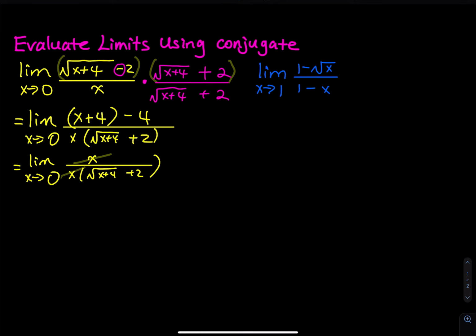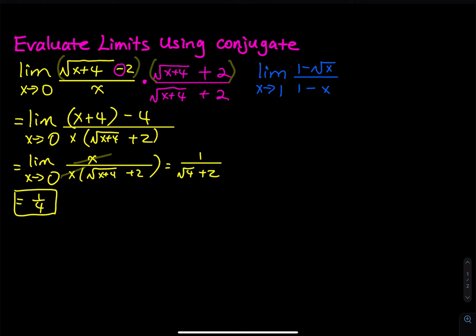So after the cancellation, it is now safe to plug in a 0. So you have a 1 and then divided by square root of 0 plus 4, which is root 4, right? And then you plus 2, and then the denominator is 2 plus 2, so that is equals to 4. So at the end of the day, this limit is equals to 1 over 4.